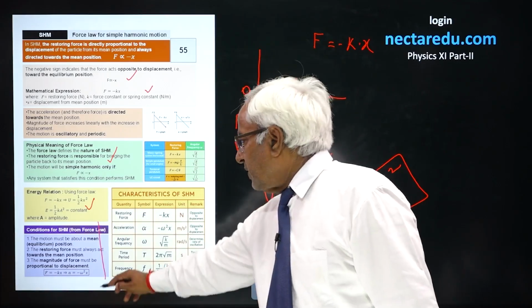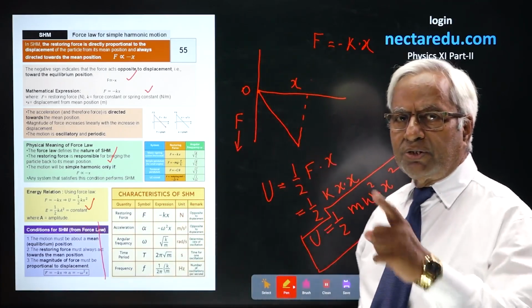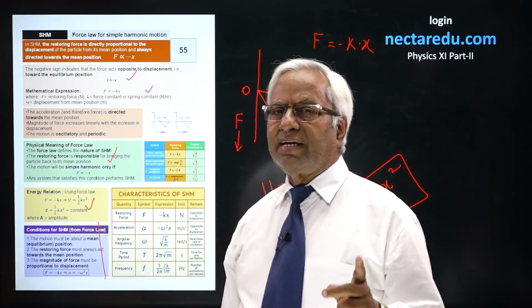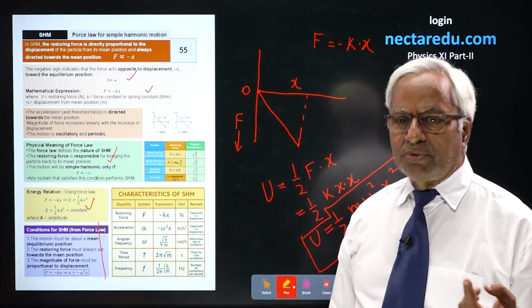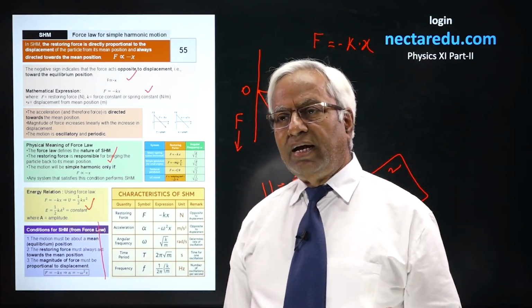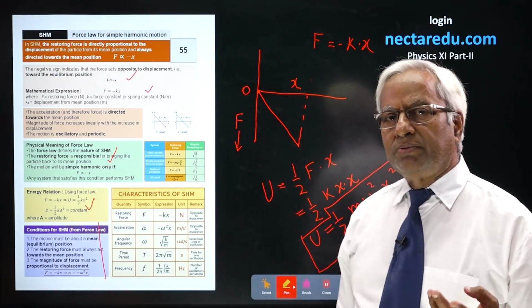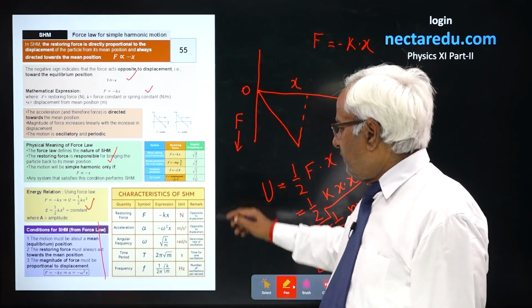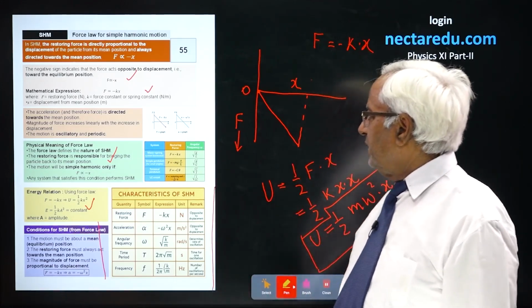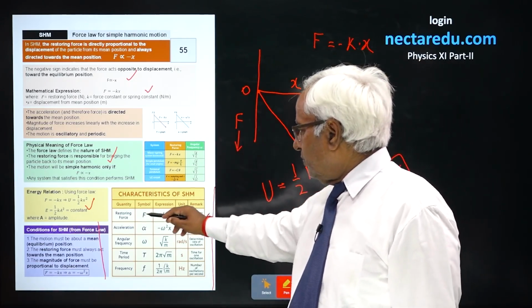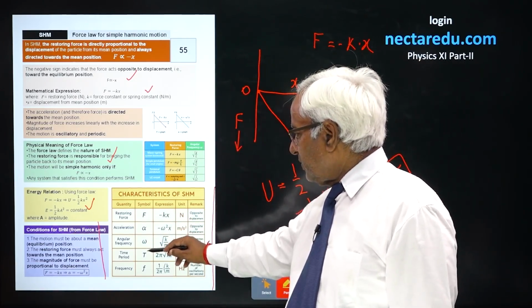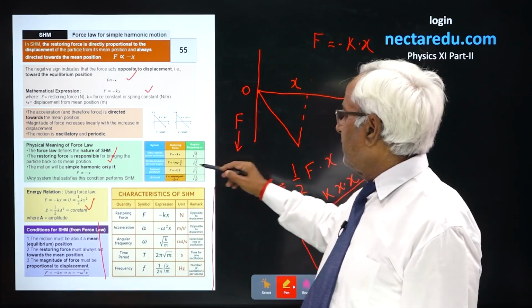The conditions for SHM have been given. First, it should be to and fro motion. Second, acceleration should be opposite to displacement. Third, acceleration is directly proportional to the displacement. The values have been given here for force, acceleration, angular frequency, time period and frequency.